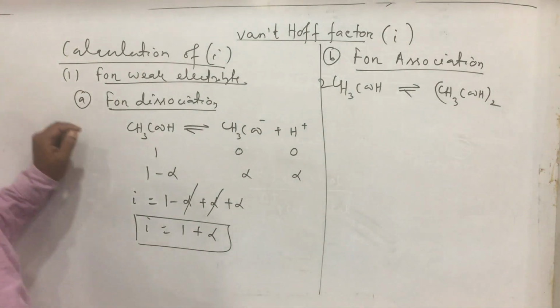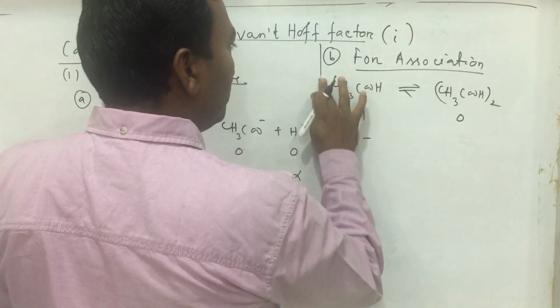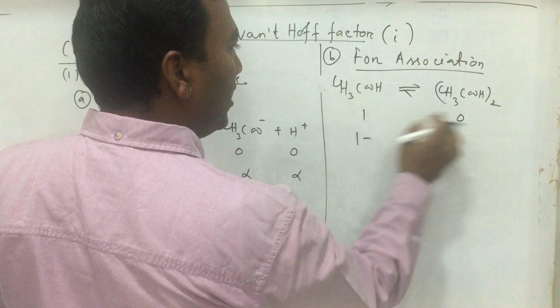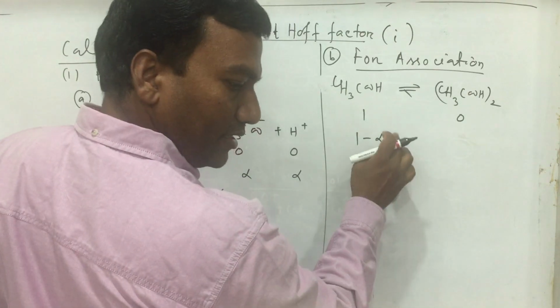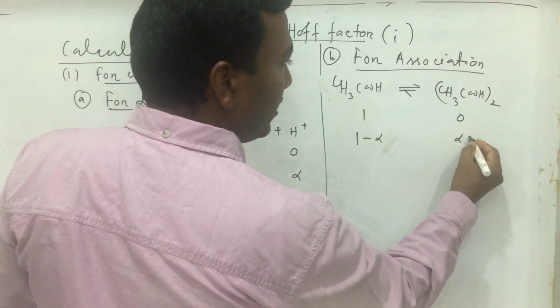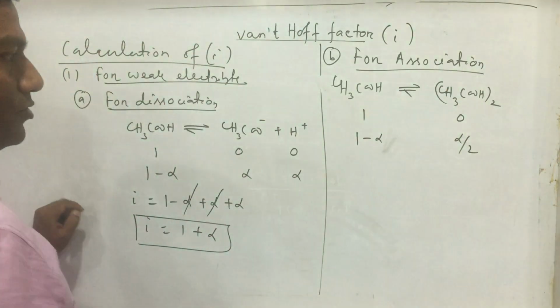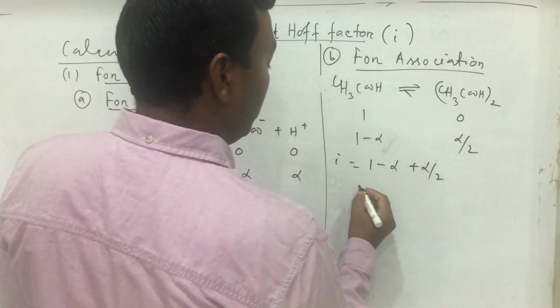Clear? So here, if you put like this, 1, 0, 1 minus alpha, alpha by 2, then i equals 1 minus alpha plus alpha by 2.